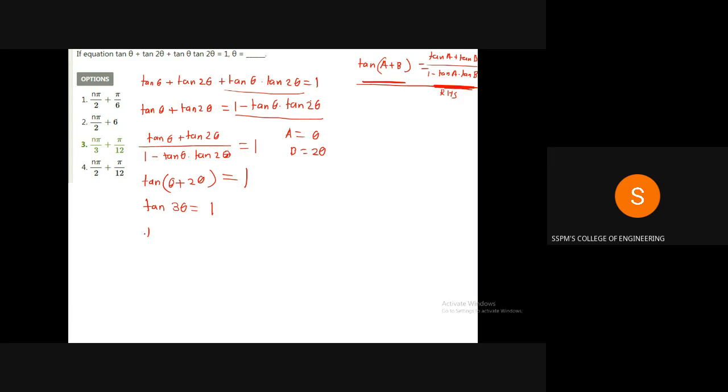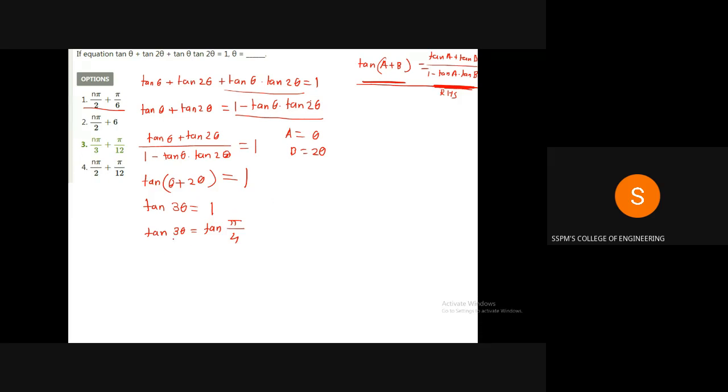Instead of 1 we can write tan 45 degrees. If you look closely, the answers are in radians, so we will use radians, not degrees. So tan 45 degrees means pi by 4, so tan 3 theta is equal to tan pi by 4.